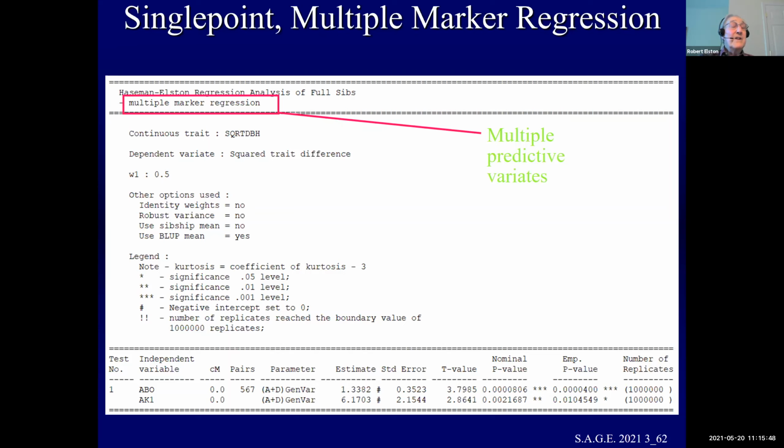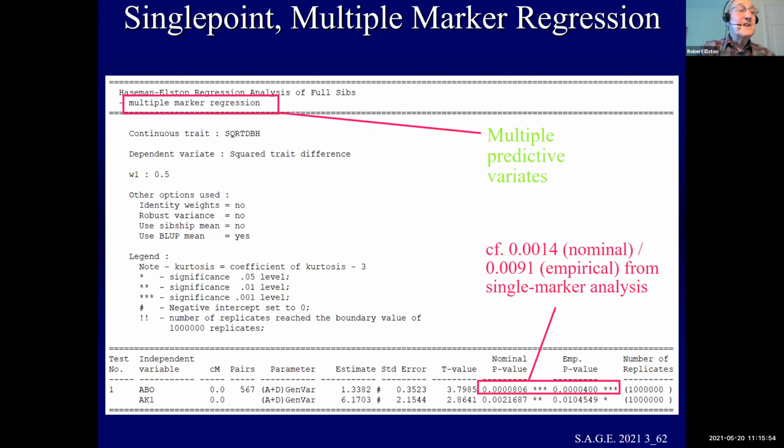And then you've got all this information. Now, if you look at the bottom, you can see there's ABO and AK1, and you can see the p-values are about 0.0004 and 0.01.